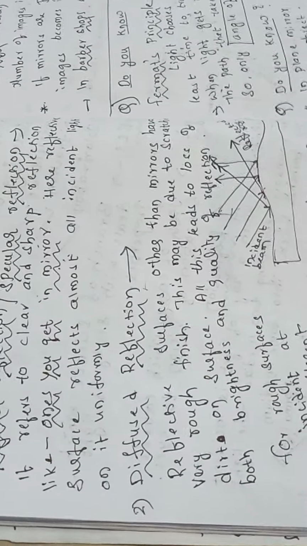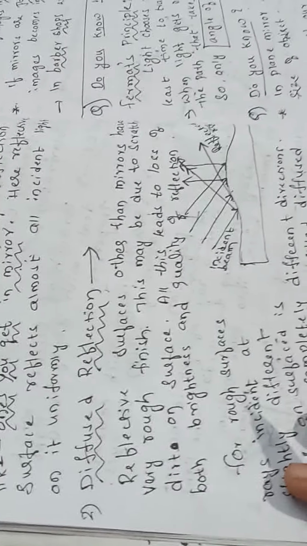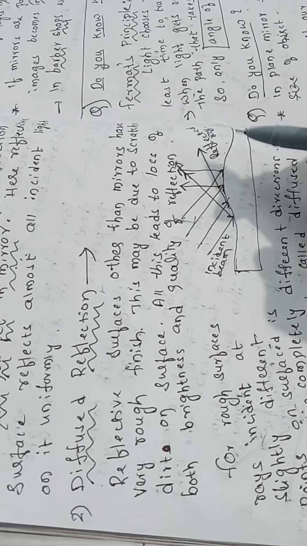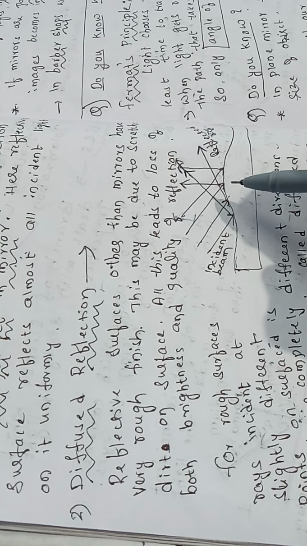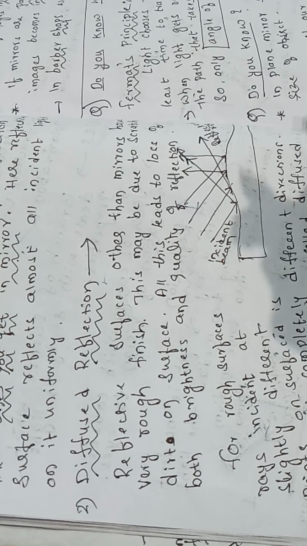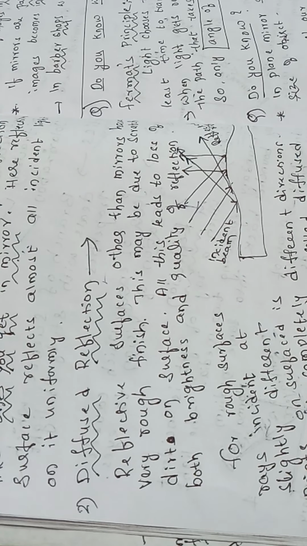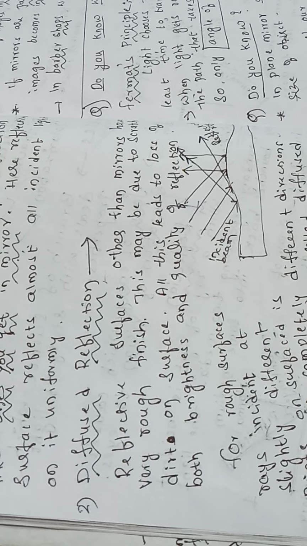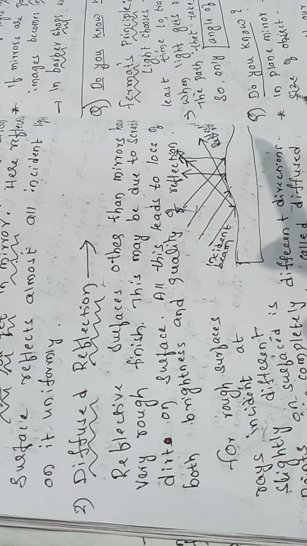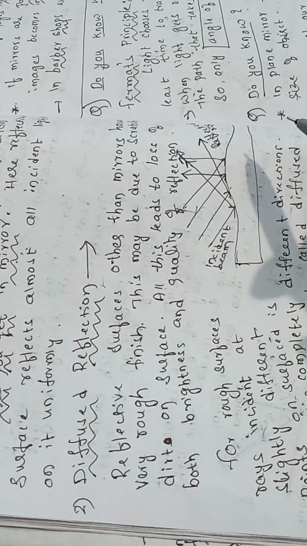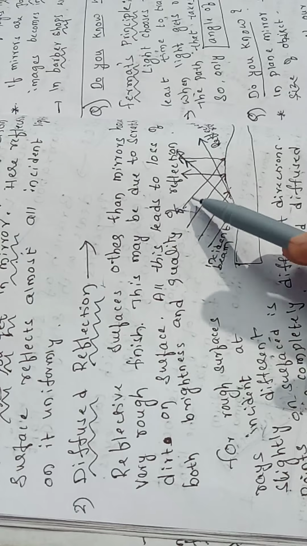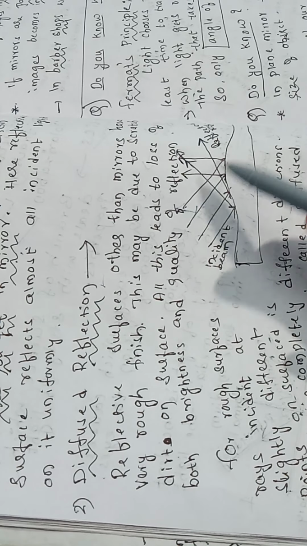Now diffused reflection means just in your homes you may have observed some mirrors which are having rough surfaces. That rough surfaces may be due to the dust particles present on it or due to the scratches present on that mirror. So when this light is incident on such rough surfaces, after reflection they completely reflect in some different directions.